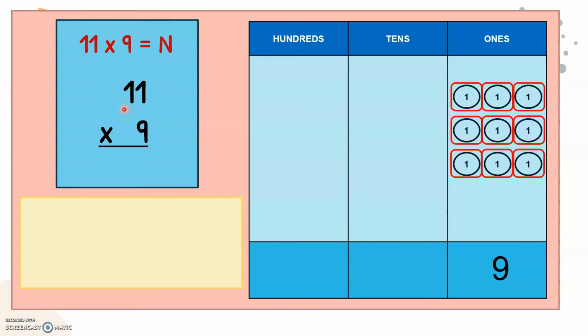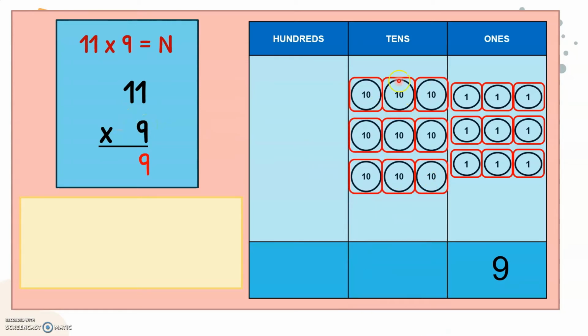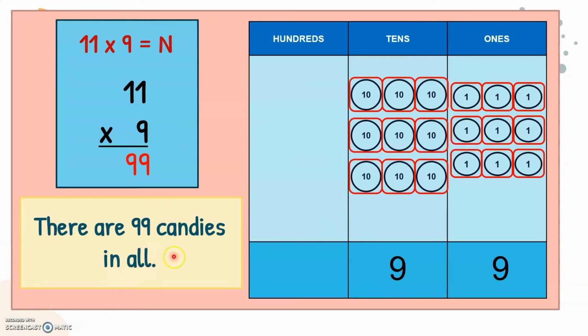Since we are now in the tens place value, 1 times 9 means 9 groups of tens. Let's count. 1, 2, 3, 4, 5, 6, 7, 8, 9. So our answer will be 9 tens. And the final answer is there are 99 candies in all.